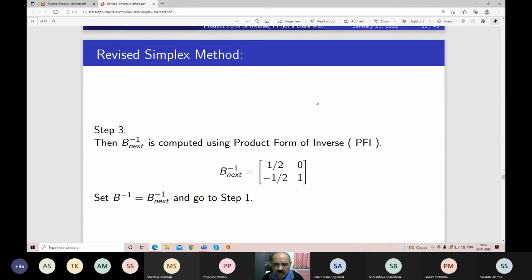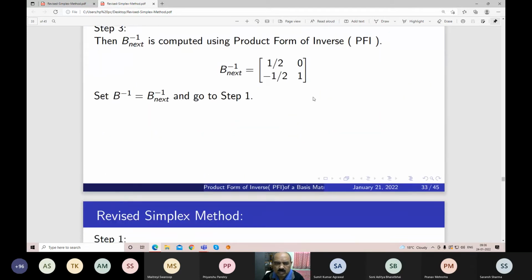Now with respect to this B inverse, on the right hand side you multiply 14 and 10. It's 7, 3. With respect to 7, 3, you take the minimum ratio. The elements are half and 3 by 2.